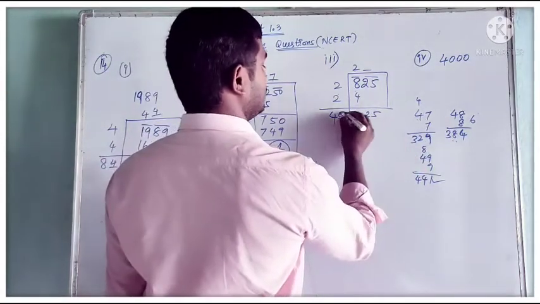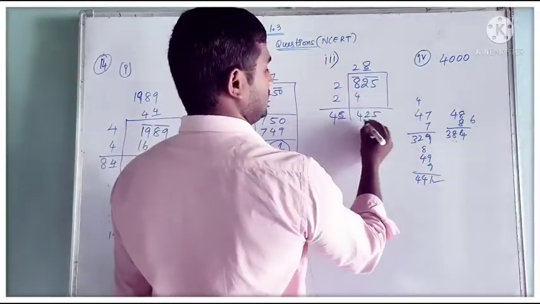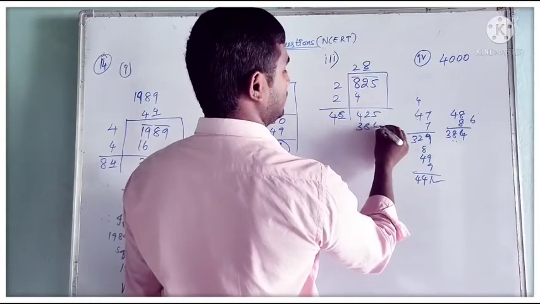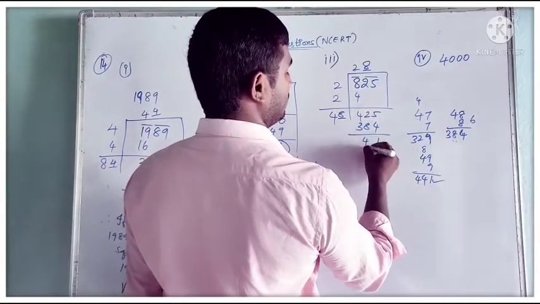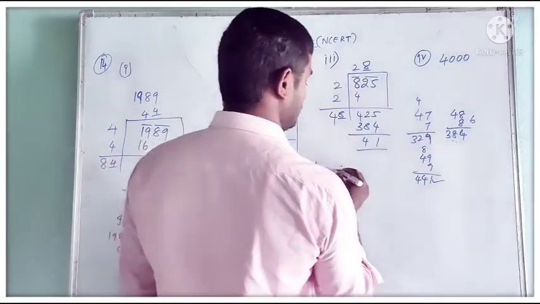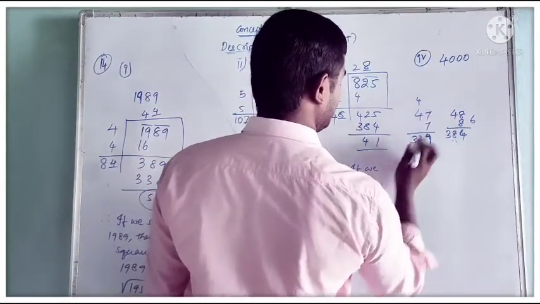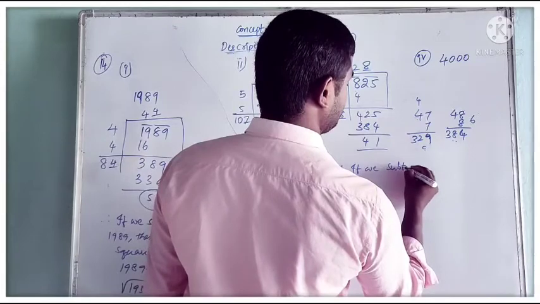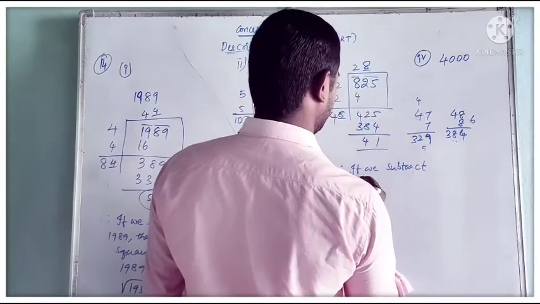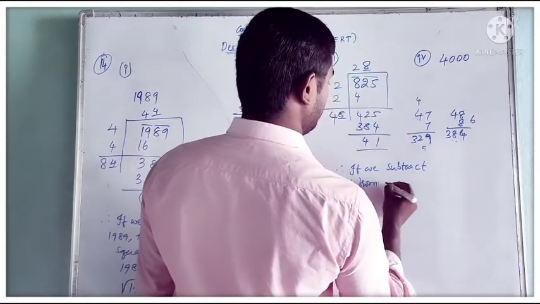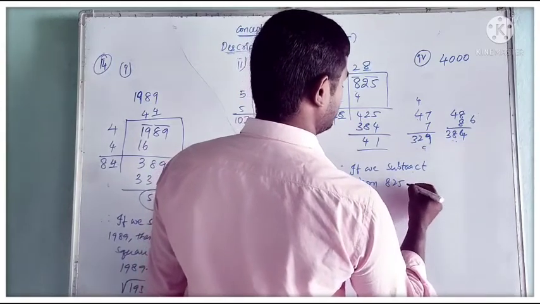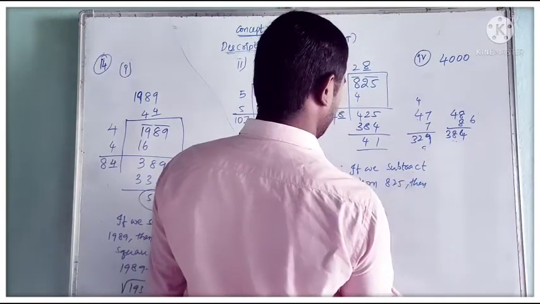So that is 48 into 8, so it becomes 384. So the remainder is 41. Therefore, if you subtract 41 from 825, then it becomes a perfect square.